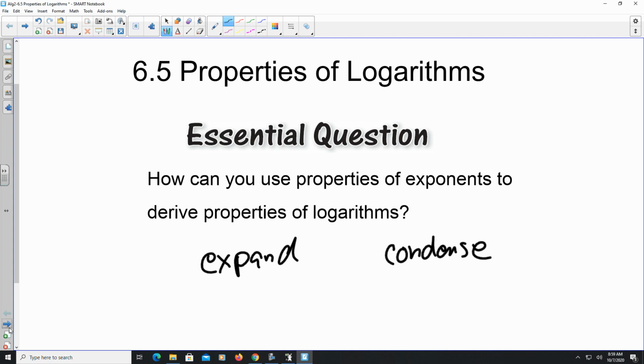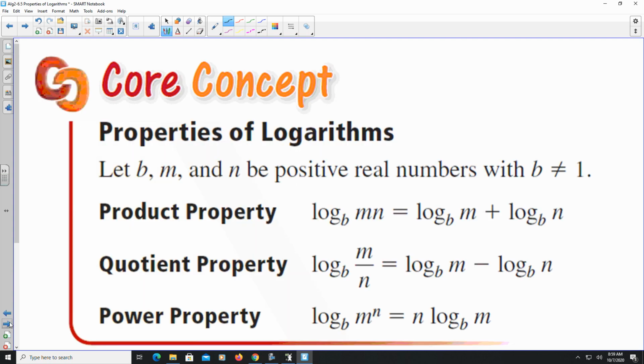Before we get started on any of the examples, we are going to take a look at how we can first expand a logarithm. The logarithms that I underlined are all in condensed form. They're more compact, with fewer logs in each expression.